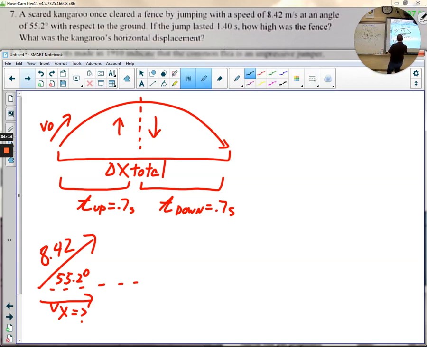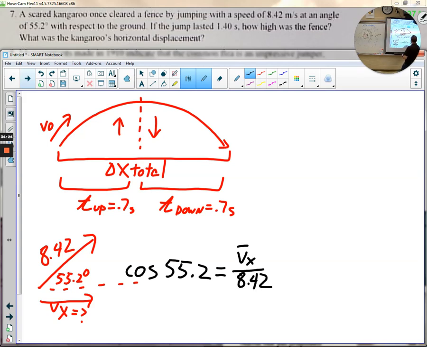If we say that cosine of 55.2 equals vx over 8.42, then let's do 8.42 times the cosine of 55.2. And I get that the vx going forward is 4.805. Is that what I get?